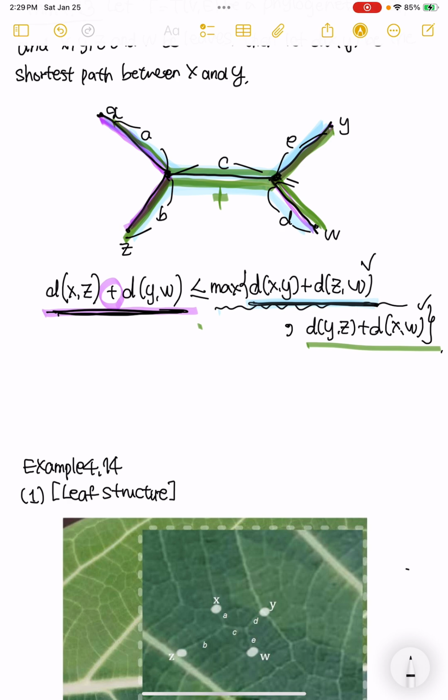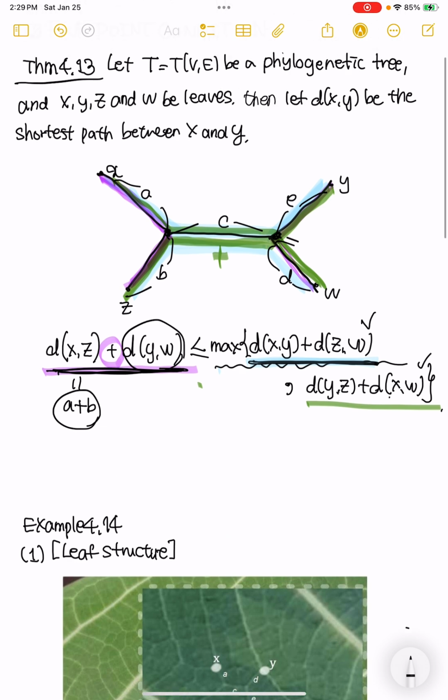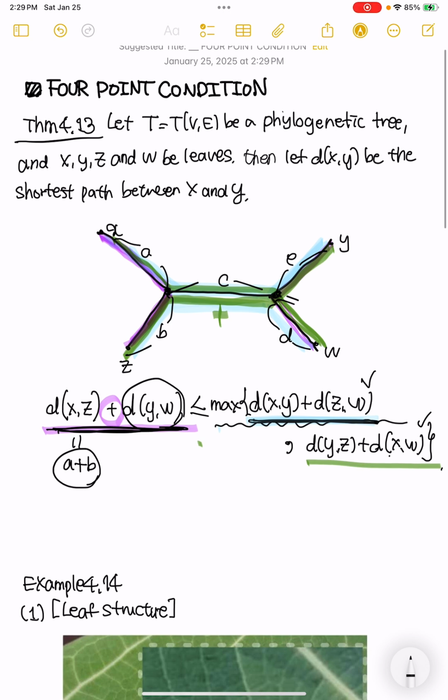By putting it this way, dxg means A plus B. In this way, by changing the distances, we can prove the four-point condition.